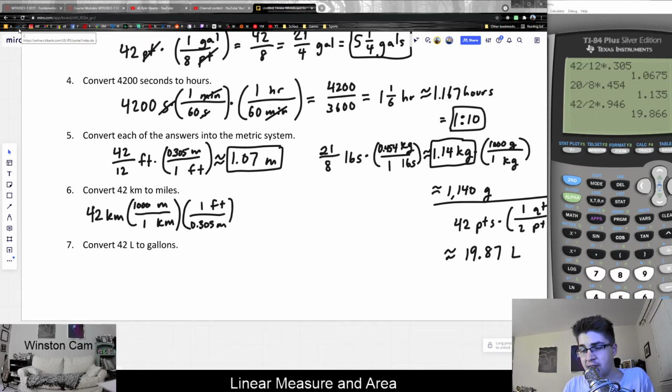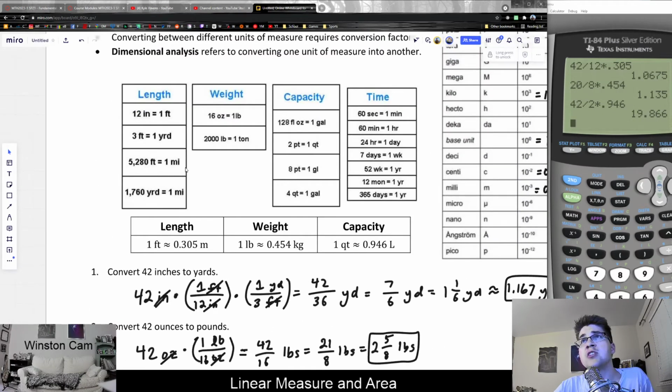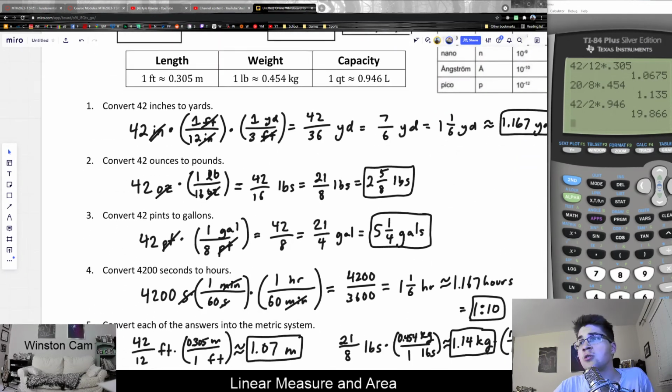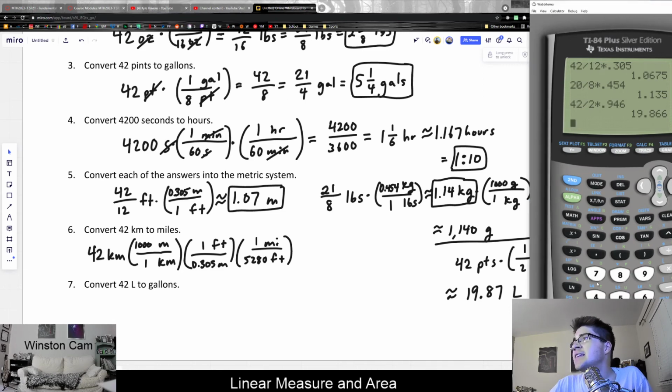And then now that I have it in feet, I could convert it into miles using the translation that 1 mile is 5,280 feet. And after all this math, we should have how many miles 42 kilometers is. And let's just go ahead and run through it. 42 times 1,000 divided by 0.305 divided by 5,280.